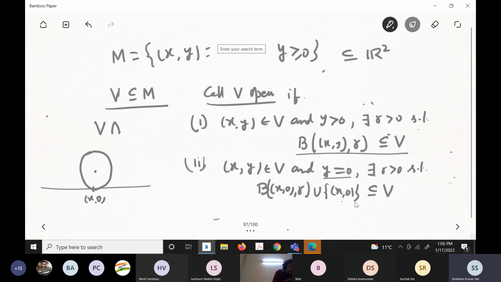Now with this topology, it is called a Moore plane, because it's a part of the plane and you are giving a topology. Got it?